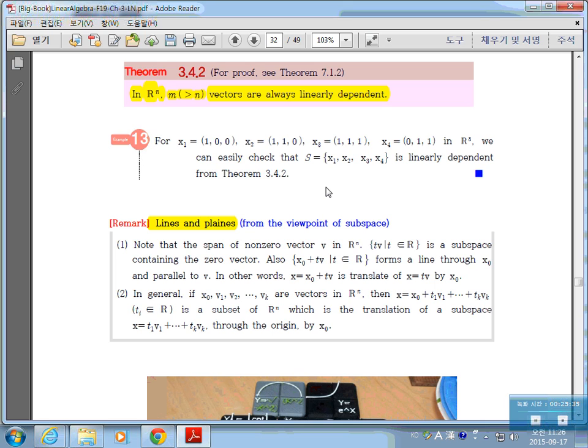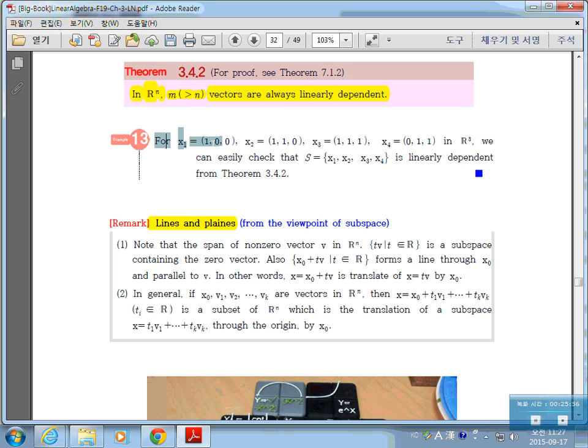So the maximal linearly independent set can have n elements. If you have a linearly independent subset in Rn, then the number of elements should be not more than n. That's what it means.